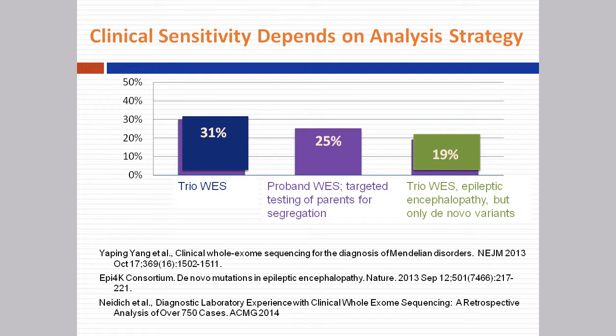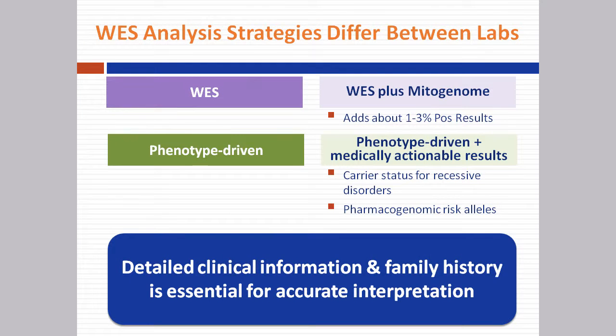Other differences between labs might be that some labs offer exome sequencing alone, others combine it with mitochondrial genome sequencing, which might be a good supplemental approach for those patients who have a mitochondrial phenotype. And then, of course, there are labs who report only the phenotype-specific findings, and others might report carrier status or pharmacogenomic risk alleles.